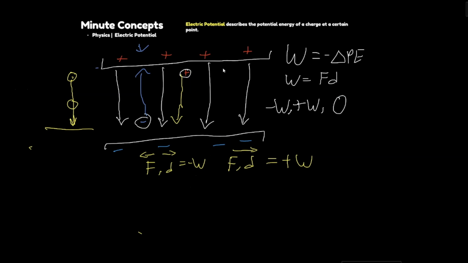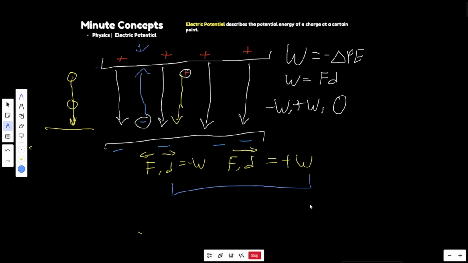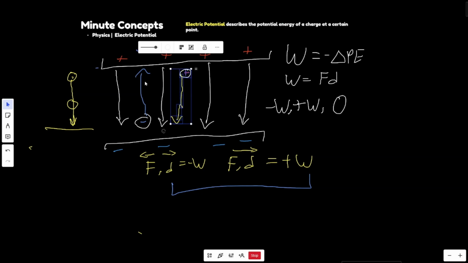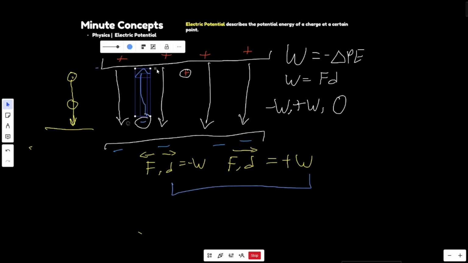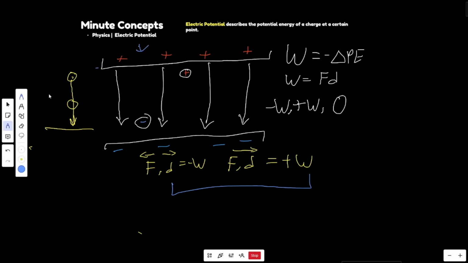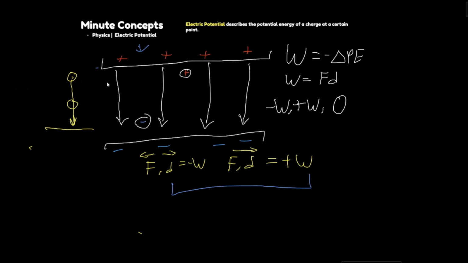Now, let's try to understand this again with this new information. Let's try to understand the work and the potential energy now that we understand how it behaves in terms of the distance of a charge and where it wants to be. So when a charge is far away, that's like lifting it up.